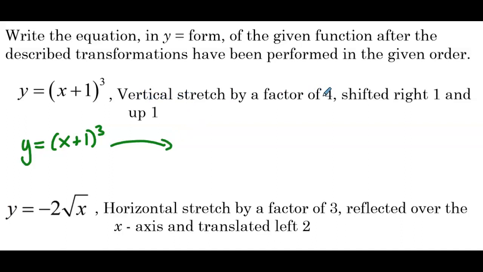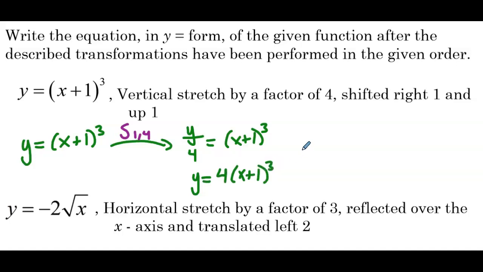So vertical stretch by a factor of 4, so that's going to be a scaling. Vertical means we're multiplying the y values by 4, so scaling of 1, 4. Okay, so in our function, we're going to divide y by 4, then x plus 1 cubed. So y equals 4 times x plus 1 cubed.